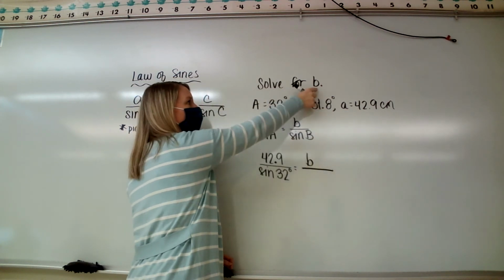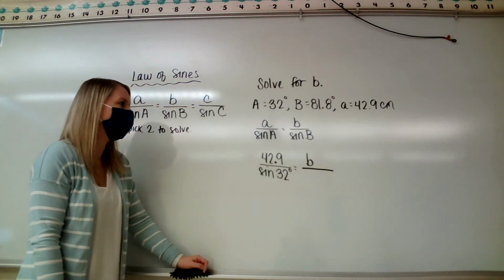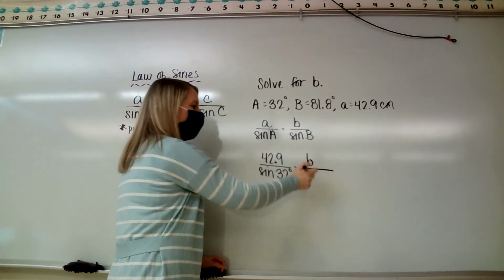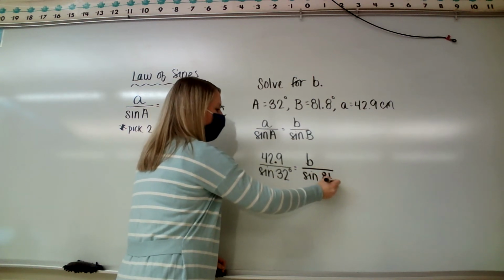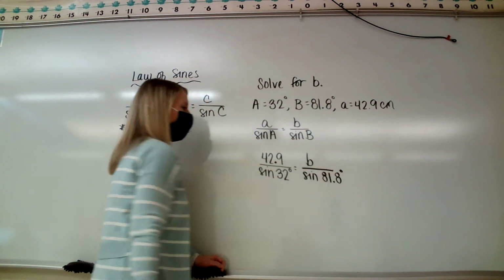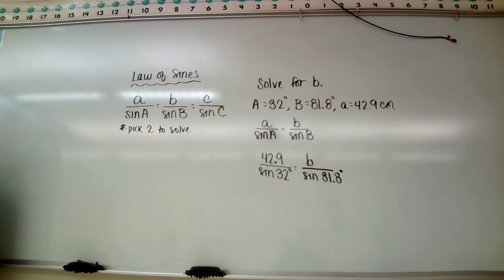It says solve for that lowercase b. But I do know angle B, so I can plug it in on the bottom. I'm going to leave it there for a second for you to write it. What you can see is we had variables, and I replaced them with the numbers that were given to us in the problem.